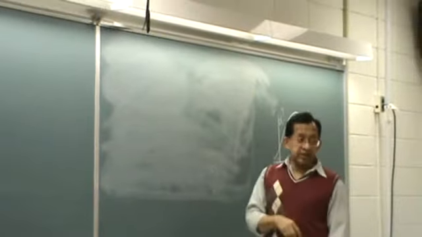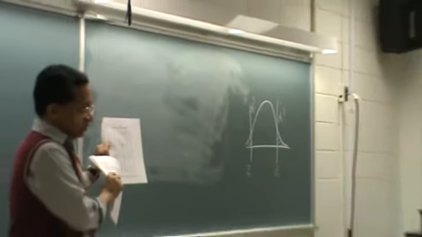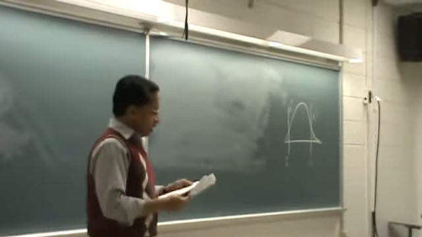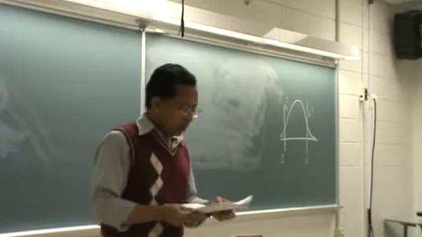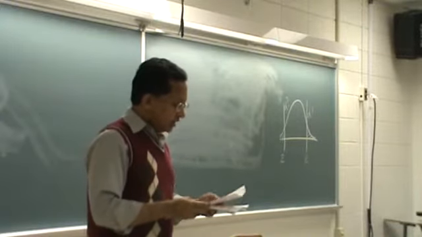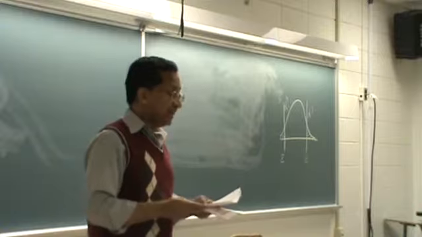We are not using Z here. So now here we are going to use the T, and that's why we are going to use this table. And this alpha is still there. If you look at that table, first thing it says is level of significance for one tail test.